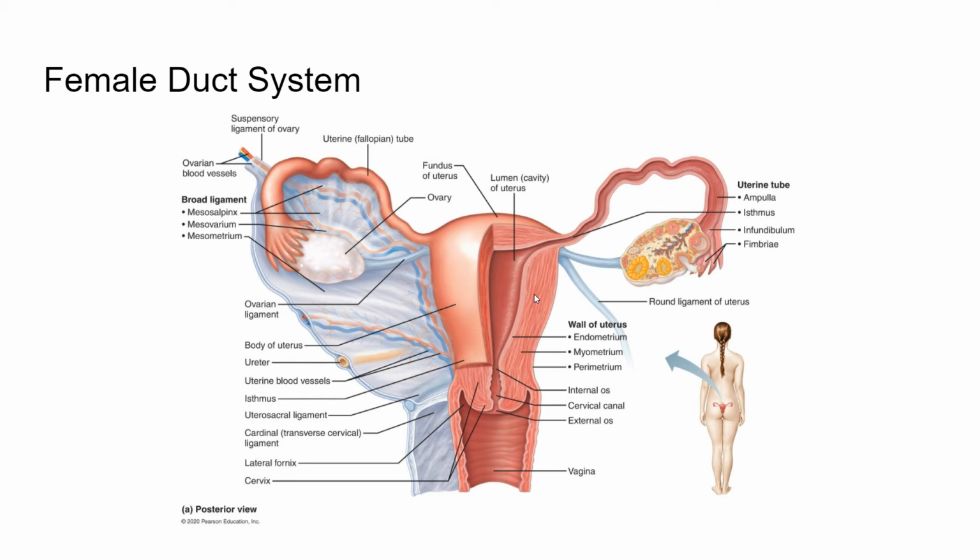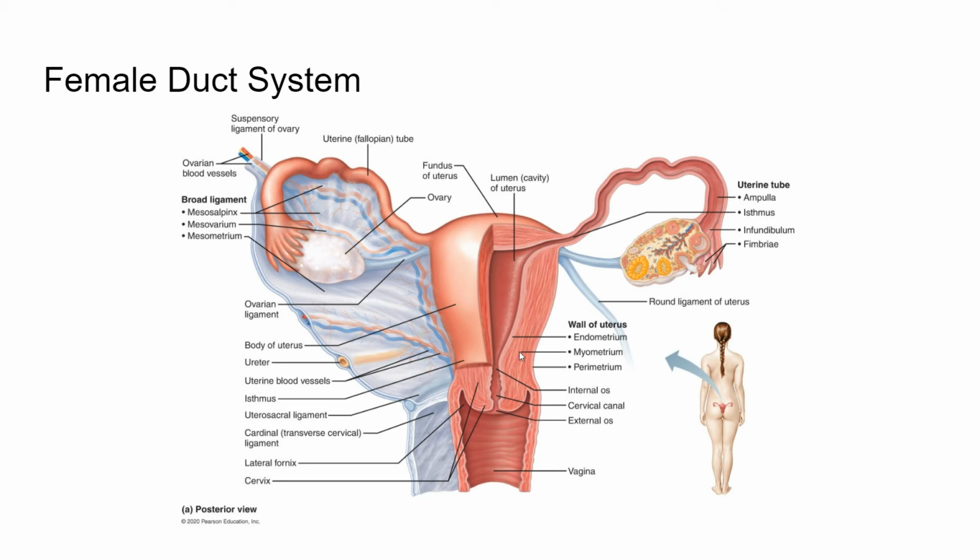And then the inner lining is called the endometrium, which we will talk about in a future video, because this is the lining of the uterus that is replaced each month. The fertilized egg will basically burrow into the endometrium and reside there during development. And this endometrium changes in response to hormone cycles.